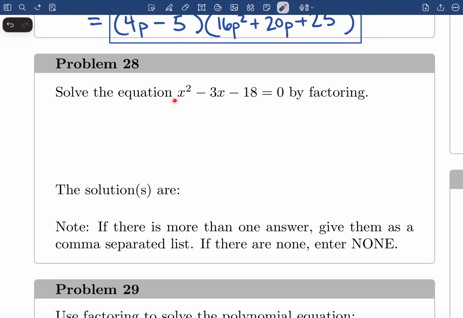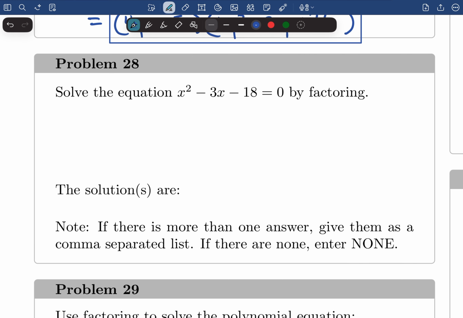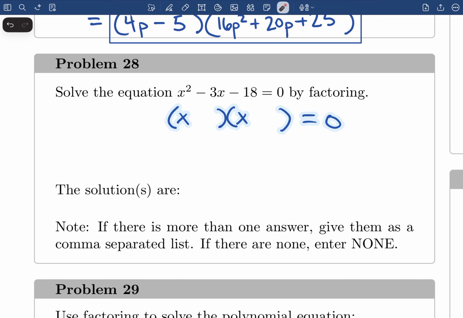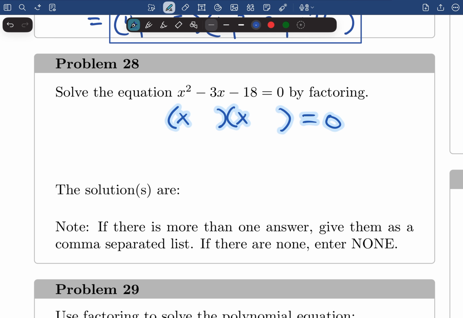And we can factor the trinomial to make solutions really easy here. And so let's try factoring this basic trinomial, right? So I'm going to put x here and here because x times x gives me this first term x squared.